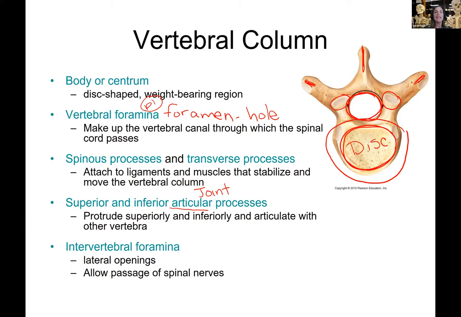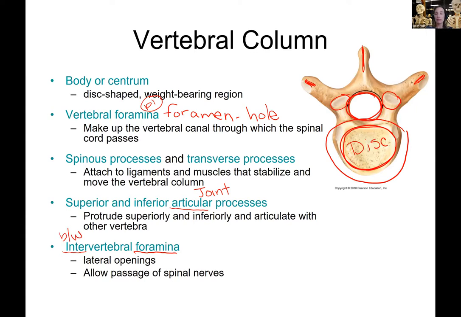And then lastly are the intervertebral foramina. Now remember, you know what this term means. It means holes. And in this case, notice it's not vertebral foramina, but intervertebral foramina. That prefix inter means between.